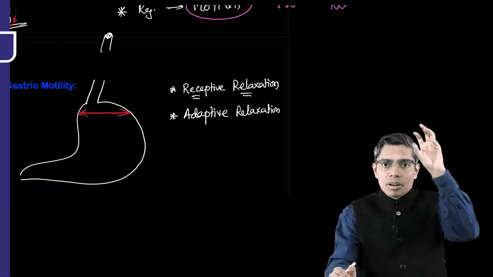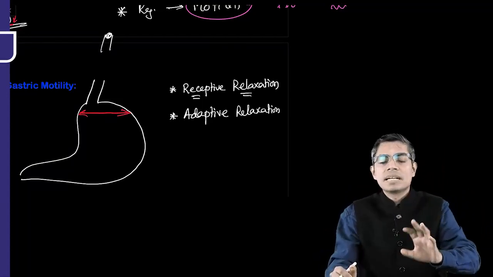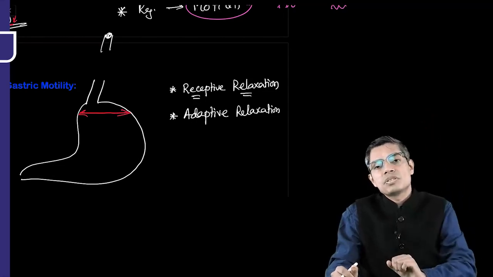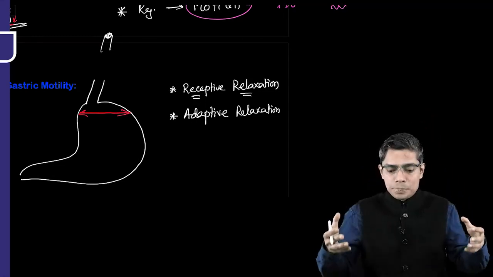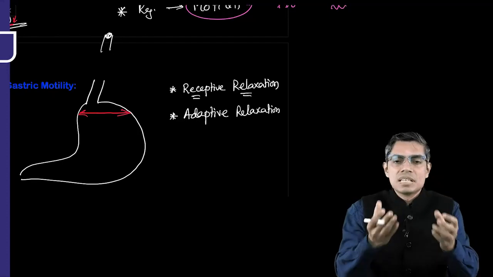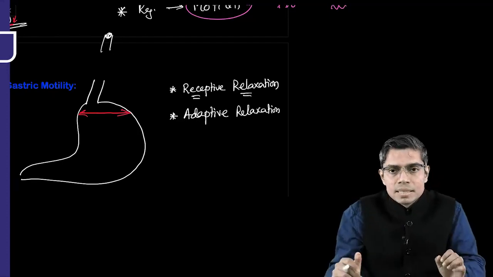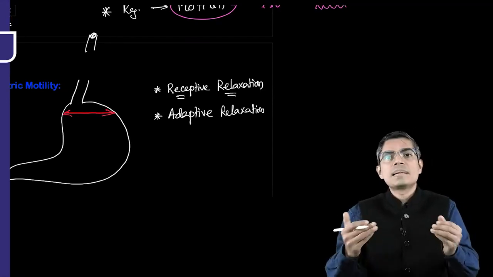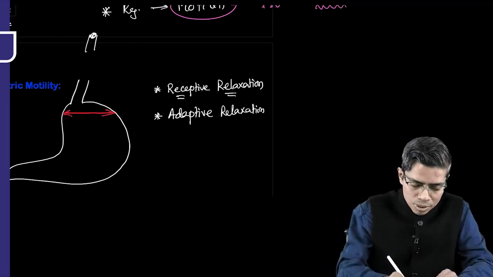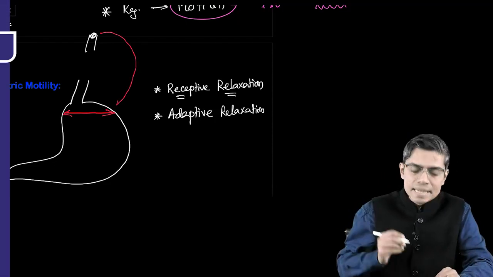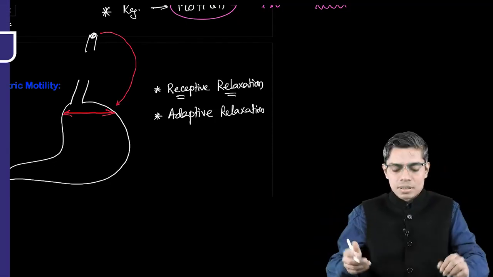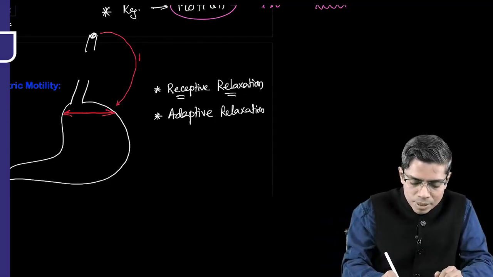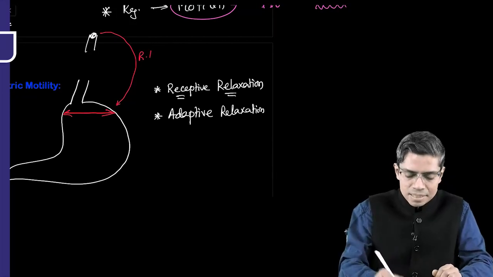The food particle has not reached the stomach yet, it is just in the upper part of the esophagus, but the stomach is preparing to receive it. This phenomenon is known as receptive relaxation.